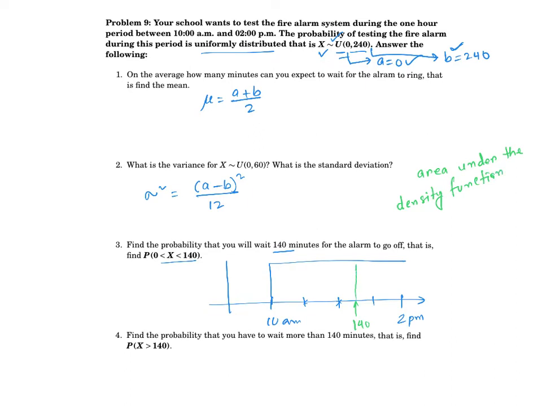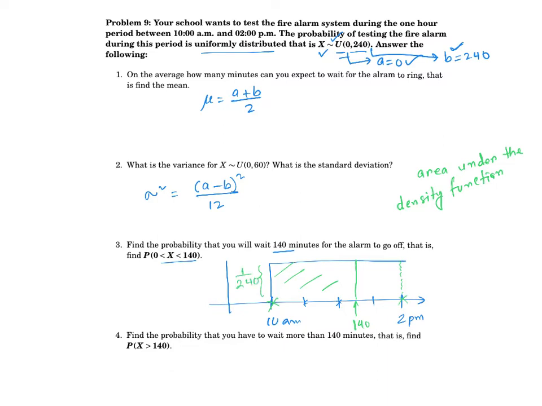That means you have to find this area. That's going to be width times height. What is the height? Remember, area under the curve must always be equal to 1. We talked about it in class: if this width is 240, because 10 to 2 p.m. is 240 minutes, the height must be 1 over 240.